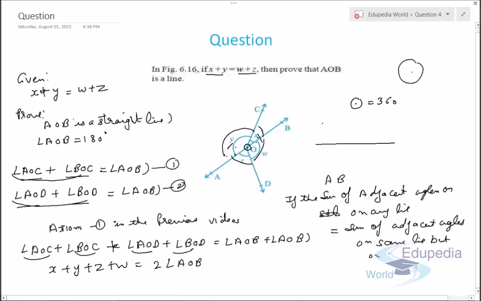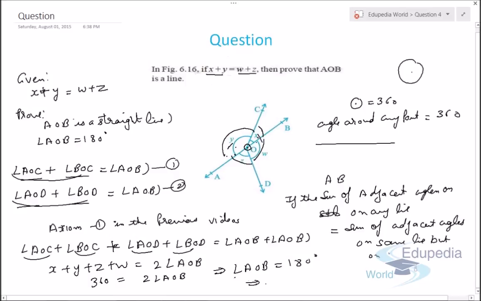So we can say the sum of angles around any point is always 360 degrees. So x plus y plus z plus w is 360, which is equal to 2 times angle AOB. So this means angle AOB will be equal to 180 degrees. So any angle of 180 degrees is always a straight line.